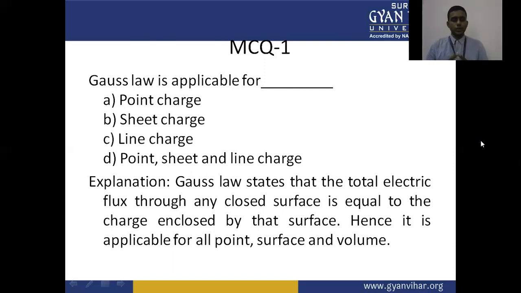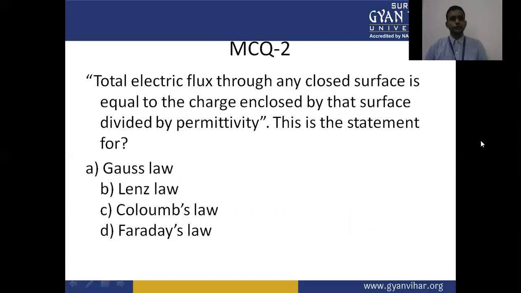Explanation of this question is that Gauss law states that the total electric flux through any closed surface is equal to the charge enclosed by that surface. Hence, it is applicable for all point, sheet, and line charges.